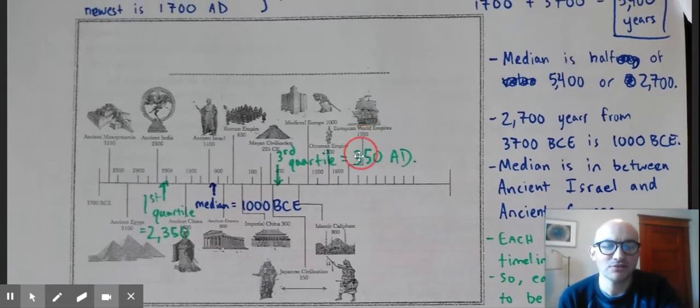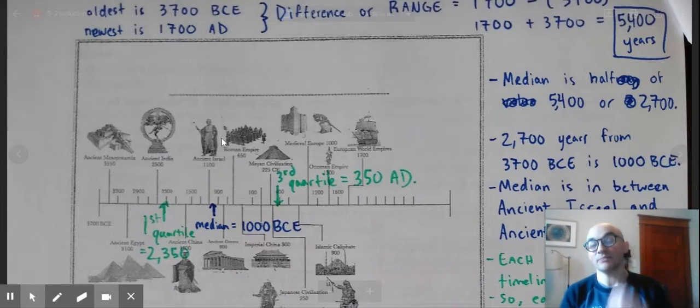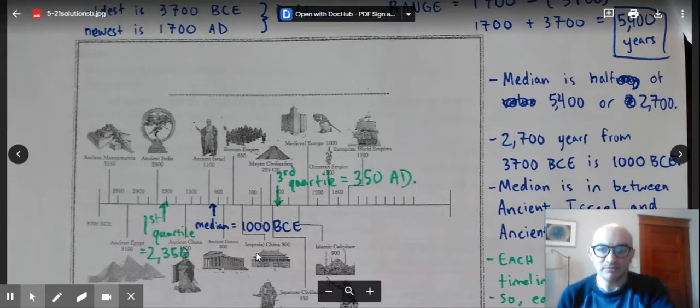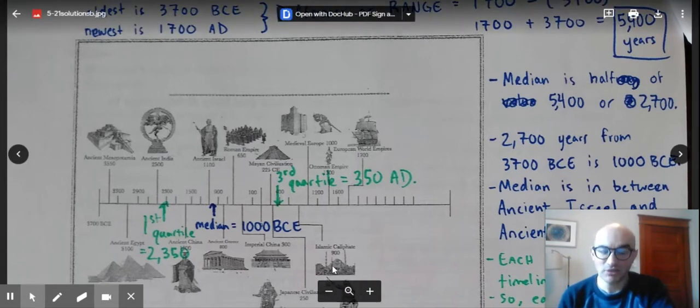Many of these are concepts that we had a chance to study in social studies this year, although because the year was cut short due to COVID-19, we didn't really get a chance to complete this. So some of these important events, ancient China, ancient Greece, we didn't quite get a chance to cover, but at least for today's work, we've got the dates here.